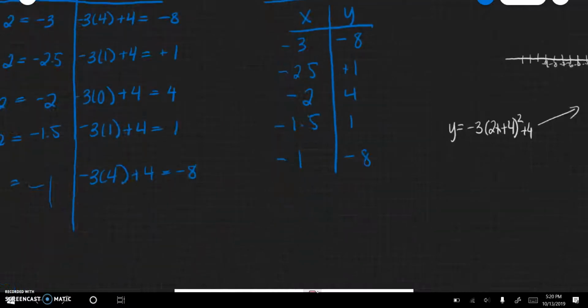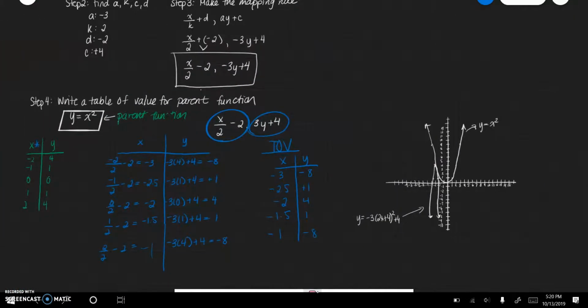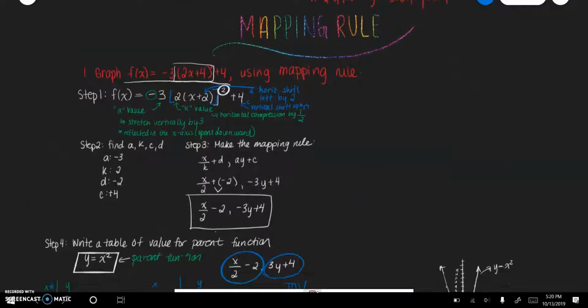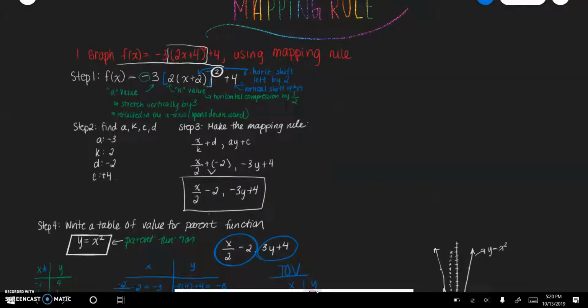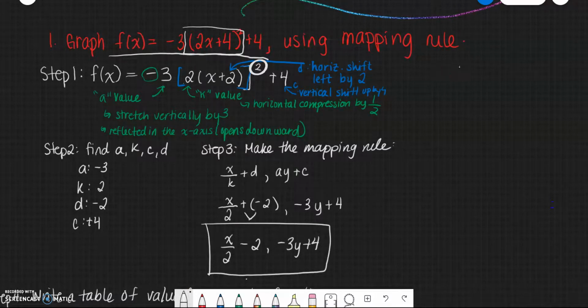On a test or a quiz, I might ask you to write out all the stretches and all the translations, which you can just use from here. So you would just write down translations.